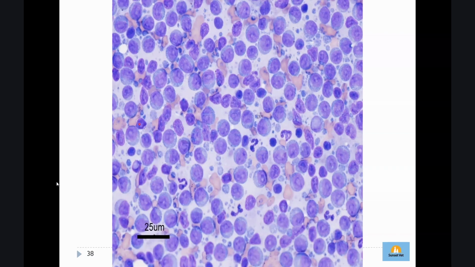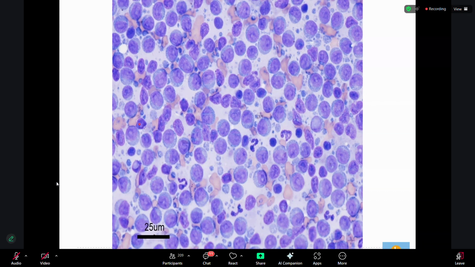Then it means it's from neoplastic cells. What do you need to think about? Right now you have to think about either epithelial, mesenchymal, or round cell. So which one of these? It's not inflammation, but more neoplastic or cancer.